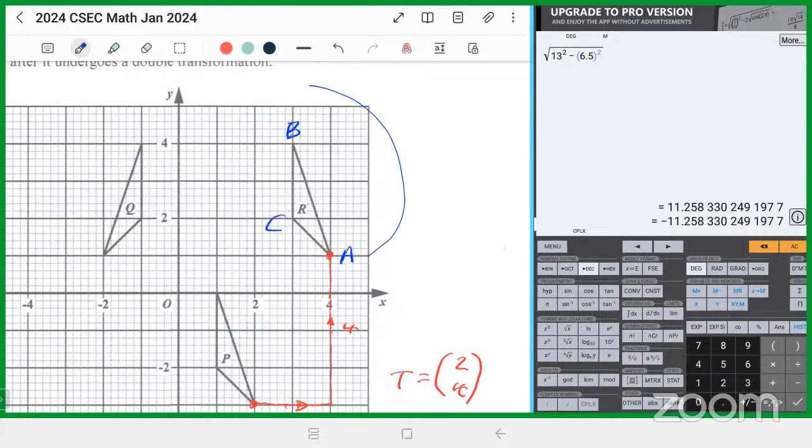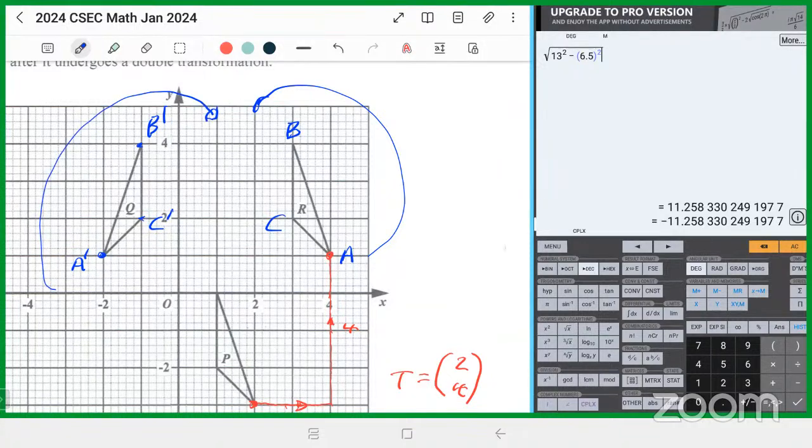And that is anti-clockwise. The corresponding point to A will be here, A prime. Corresponding point to C will be here, C prime. And the corresponding point to B will be up here, B prime. And the orientation A to B to C on this one will be that way, opposite direction.